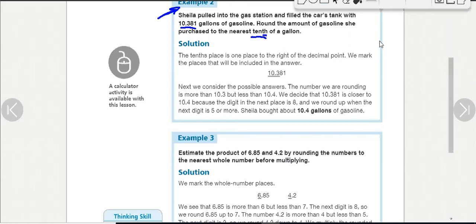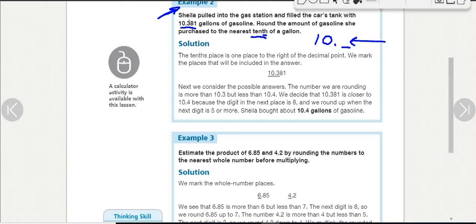Notice that means we're going after the decimal 1 spot. Now she had 10.381. We're going to keep the whole number, but we're wondering if we only go to 1 place back here and we zero out the rest, what's this spot going to be? I have a 3, an 8, and a 1. Which is the number in the tenths place, the place that we're rounding?